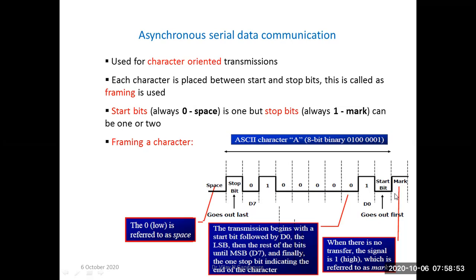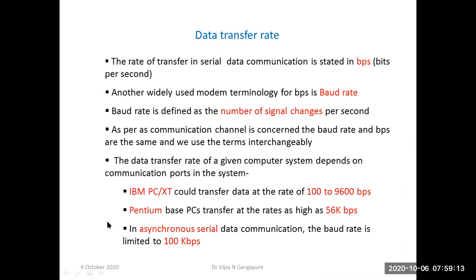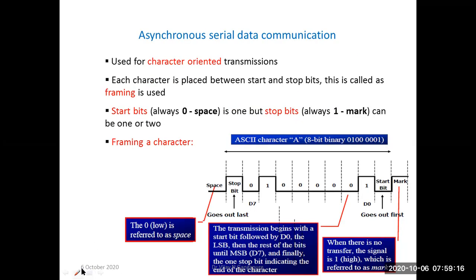So when there is no communication on the serial port or channel, then the signal on that channel will be marked, that means logic 1. So 1 is called mark, and 0 is space.